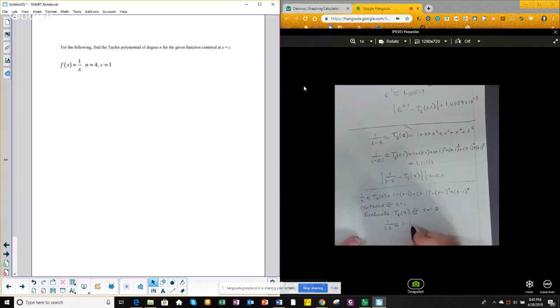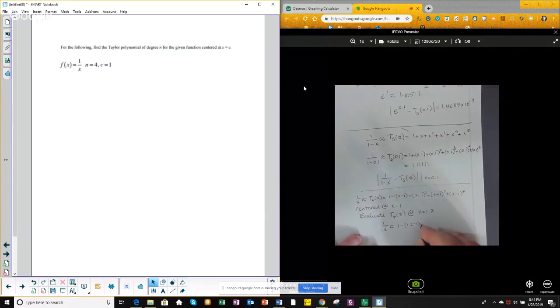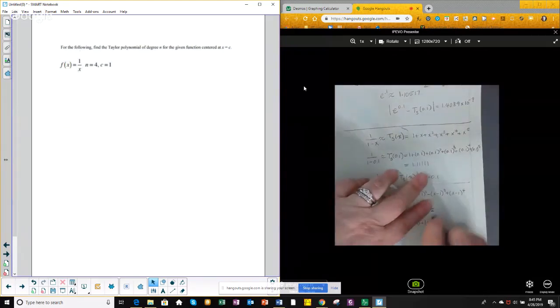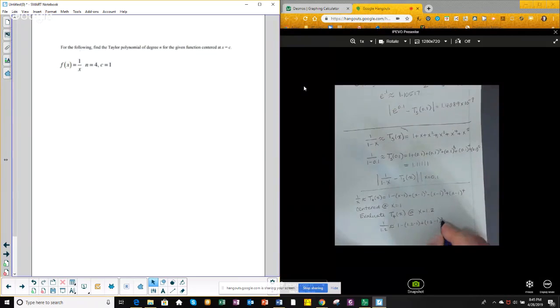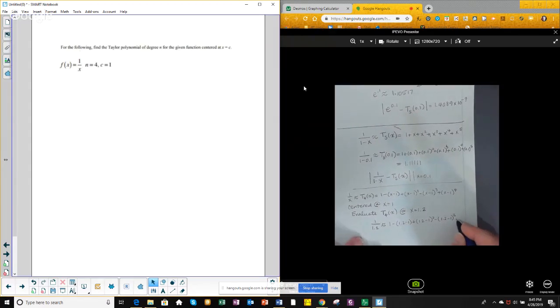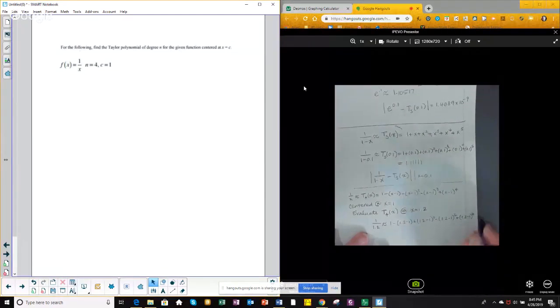1 minus (1.2 minus 1) plus (1.2 minus 1) to the second minus (1.2 minus 1) to the third plus (1.2 minus 1) to the fourth.